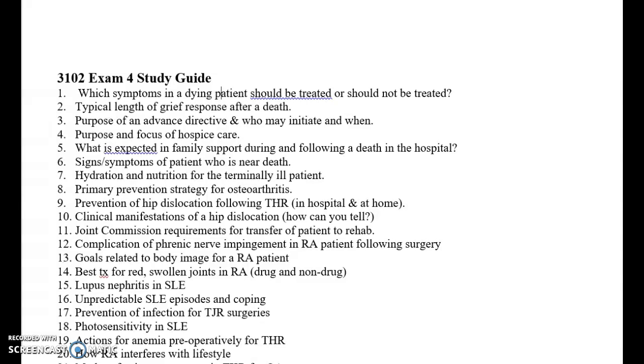The issue in terms of when should hydration and nutrition for someone terminally ill be provided or stop being provided. The main thing to do in this situation is to educate the patient, as long as they're able, and family, that at some point hydration and nutrition are not going to be the key thing.